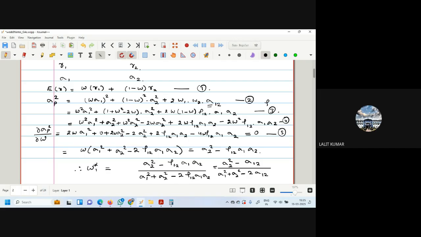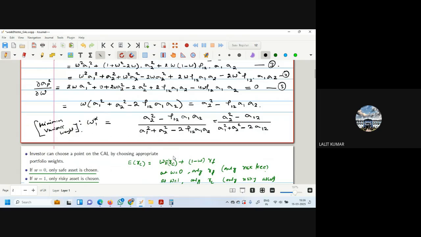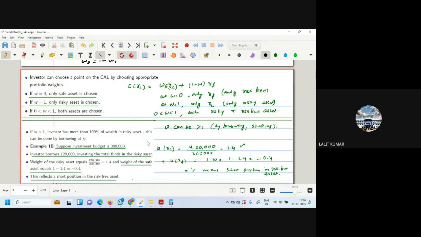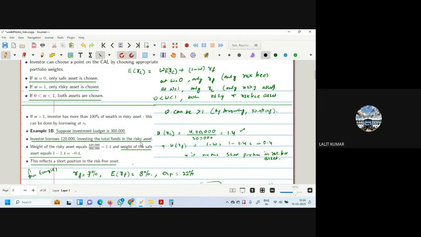This is known as your minimum variance weight, that is, for the minimum variance, what will be the optimal weight. And W2 star will be equal to 1 minus W1 star. So these were the main things.